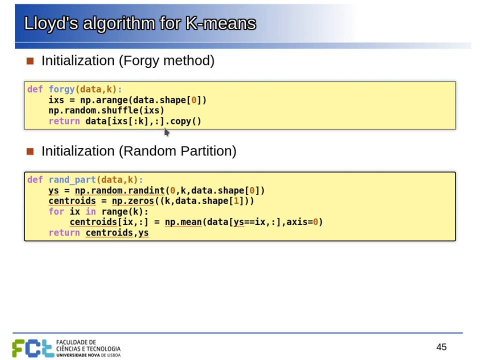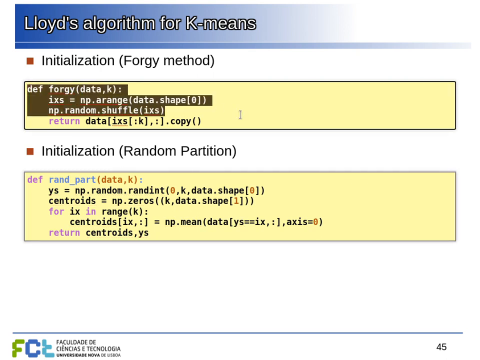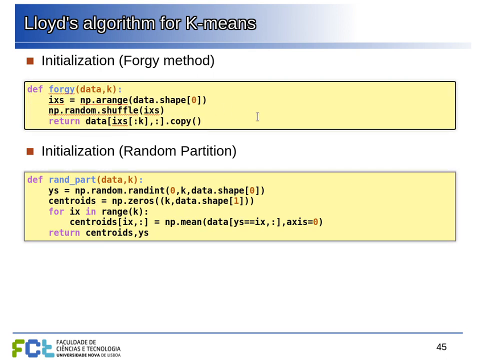The big difference between these two initialization methods is that with Forgy initialization, we get an initial set of centroids that is more or less distributed like our data is distributed, because we are picking at random examples from our data.